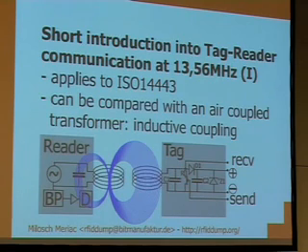Of this schematic. And the sending part of the reader is simply amplitude modulation of the carrier frequency. It's well known. You just decrease the amplitude of the sender signal, either by a given amount of percent, which is specified by different standards, or you completely pull it to 0.